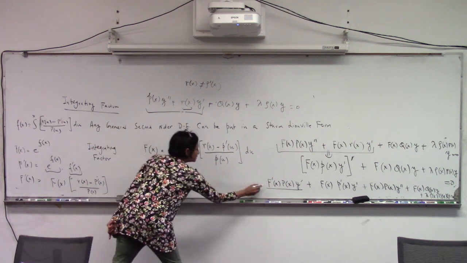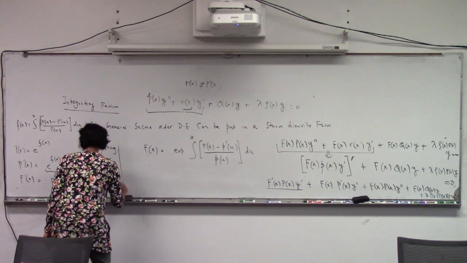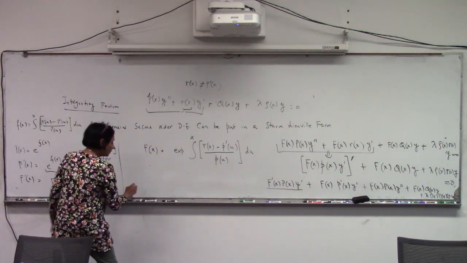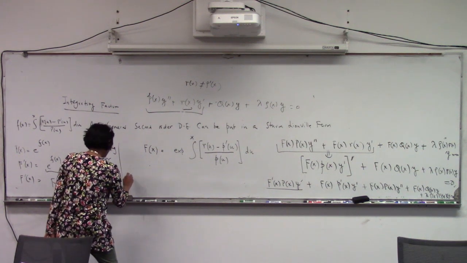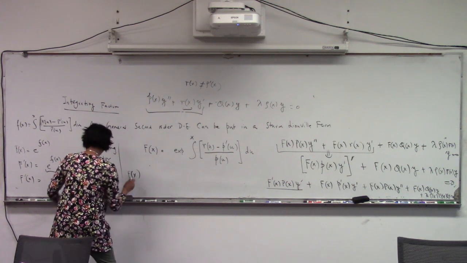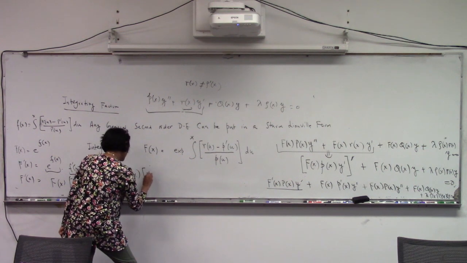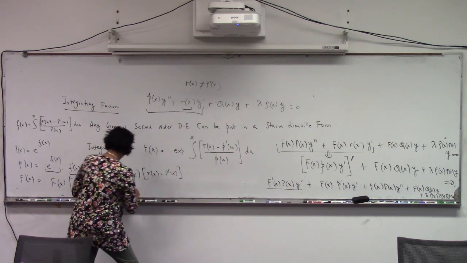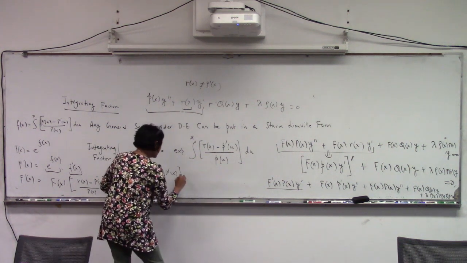So in this equation, all I have is f of x, r of x minus p prime of x. Okay, p of x is in the denominator and that p of x will cancel.